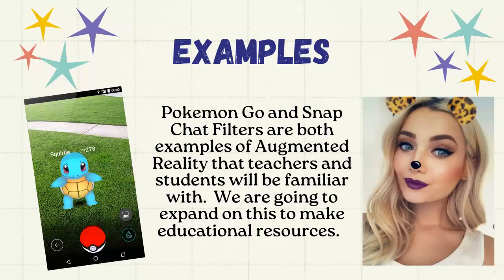So you've seen these, I assume, the Pokemon Go or the Snapchat filters. They're both augmented reality. In Pokemon Go, you walk around and hold your phone up and you see the actual scenery around you, but then you also see the little Squirtle pop up and you have to catch him.